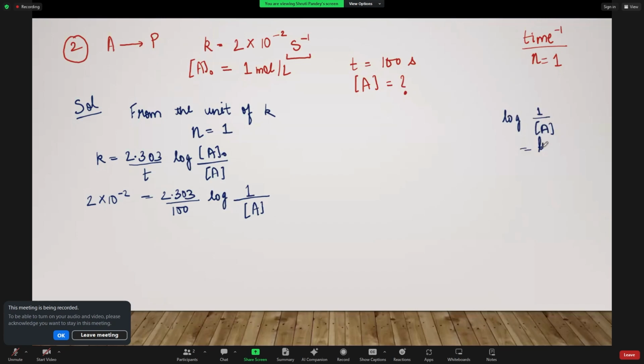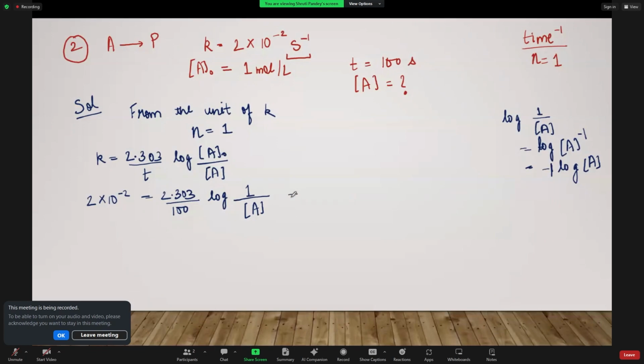So see what is happening, this is log a to the power minus 1. ठीक है, when something is in the denominator and you want to take it to the numerator, you can take it to minus 1 power. ठीक है, now with the help of the property of log, this minus 1 can come in front, outside of the log. So this is basically minus 1 log a or minus log a.